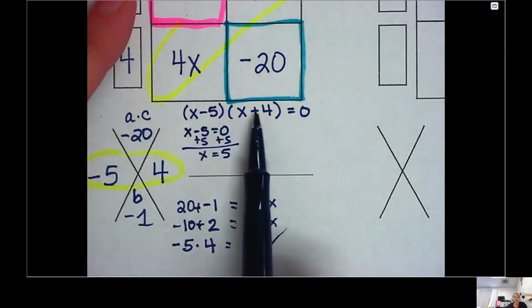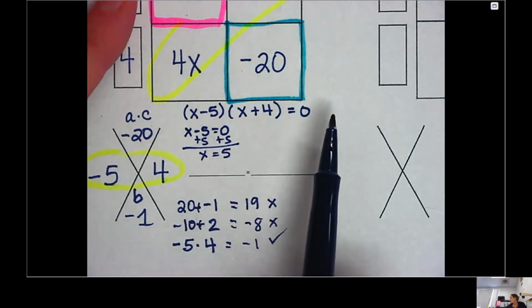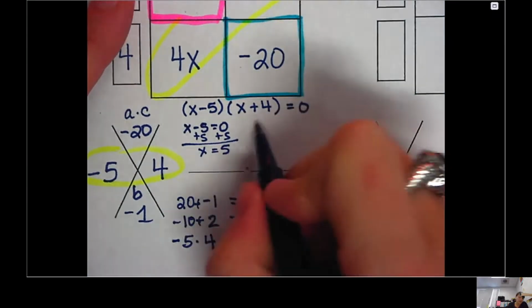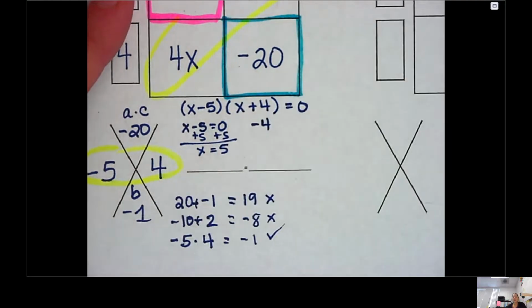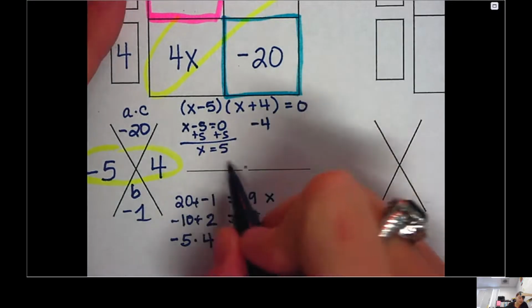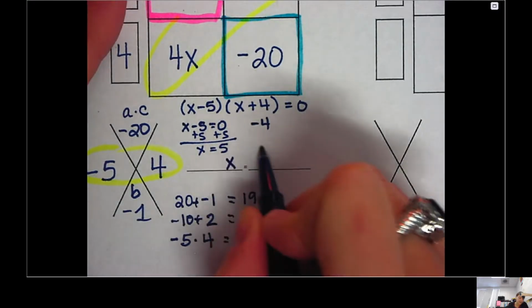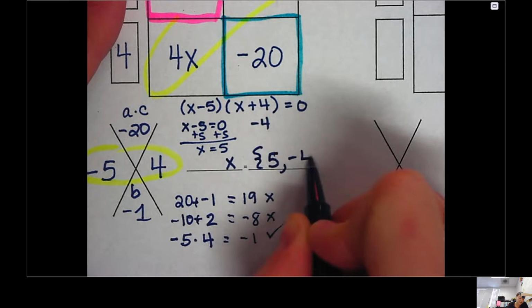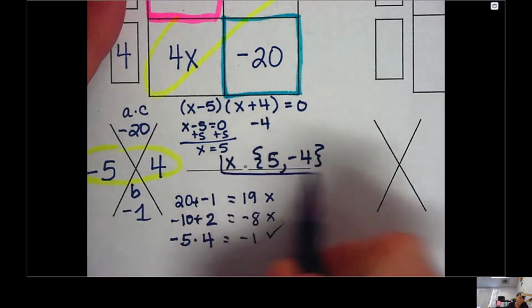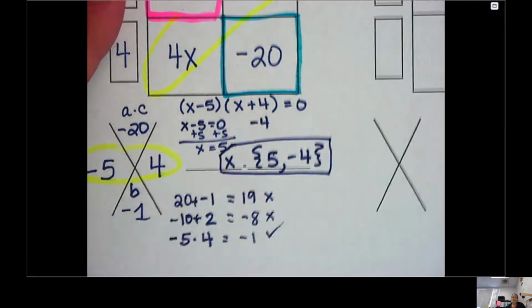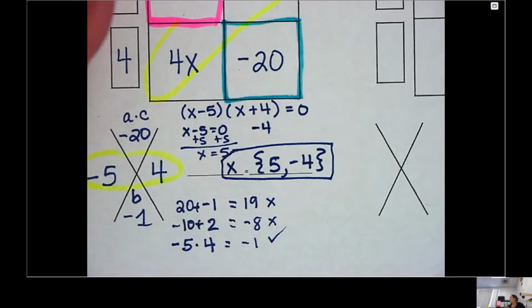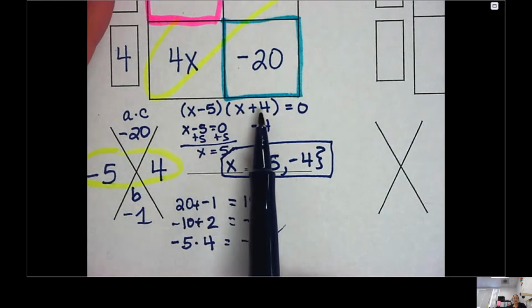I have a positive 4 here, so I would have to subtract it. So you would get -4. So your answers are +5 and -4. We put them in our curly brackets, fancy brackets. So essentially, the really nice part is whatever your factors are, you just switch the sign, and that's your solution.